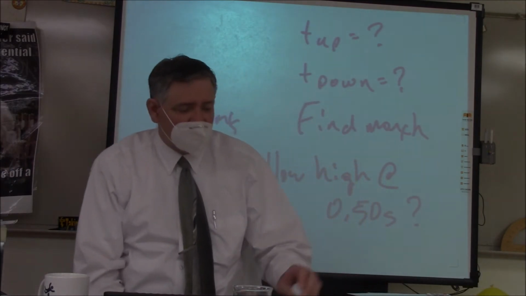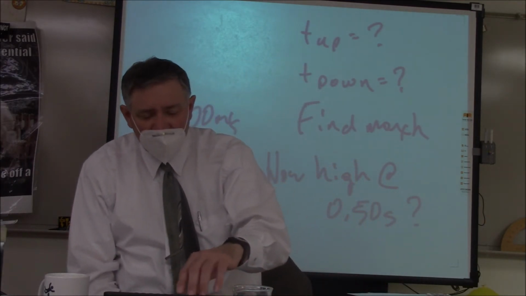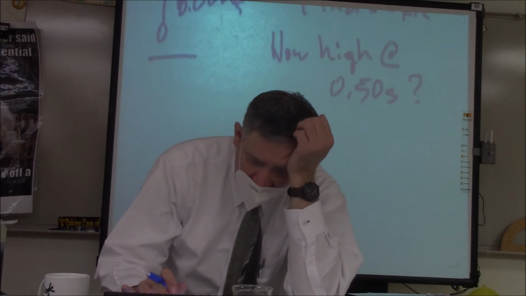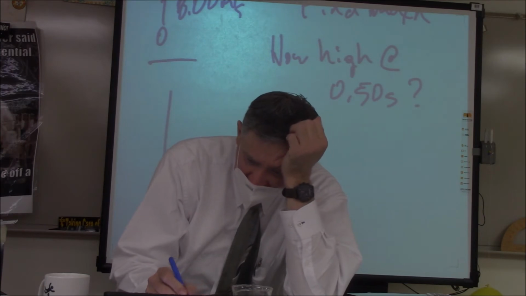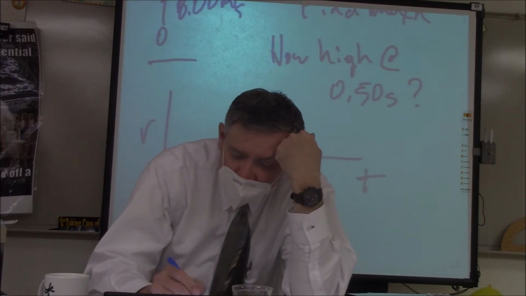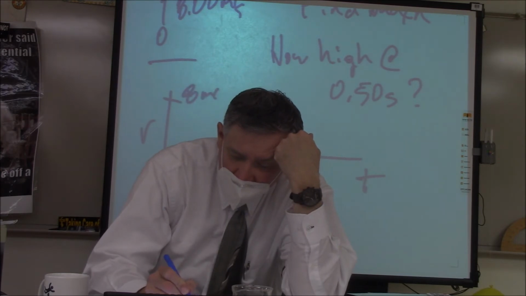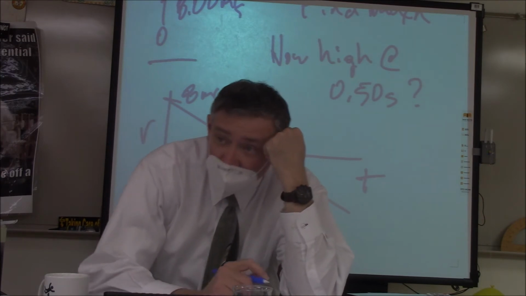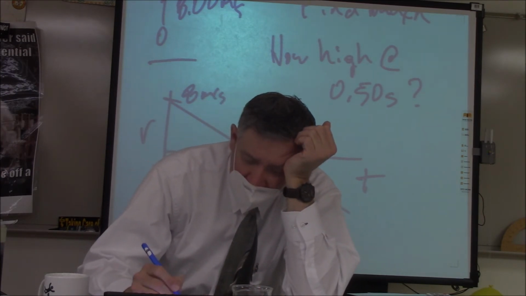Now, Matt, before we do any calculations, what's my velocity time graph going to look like? Start at 8, and then just be a straight downward sloping line. Like such? Cool.